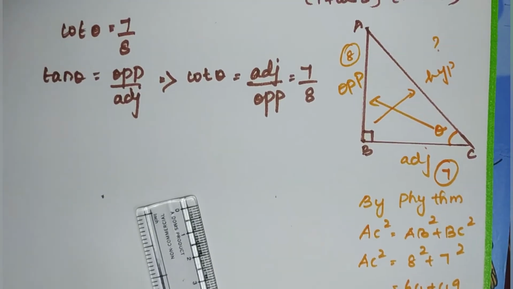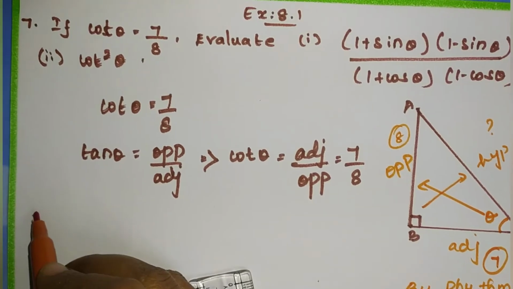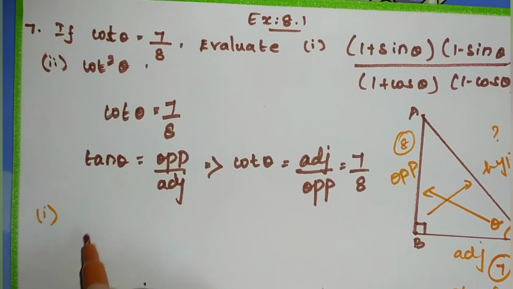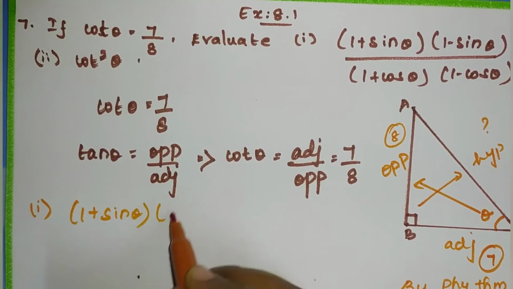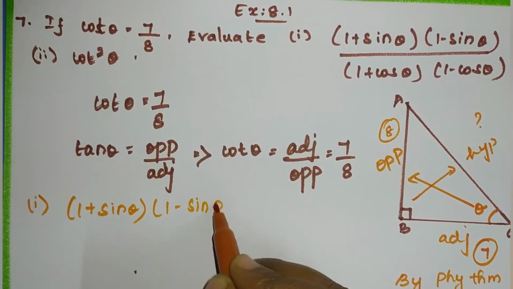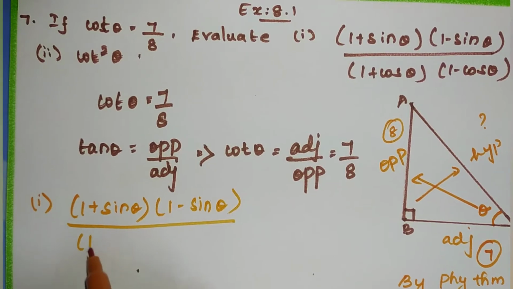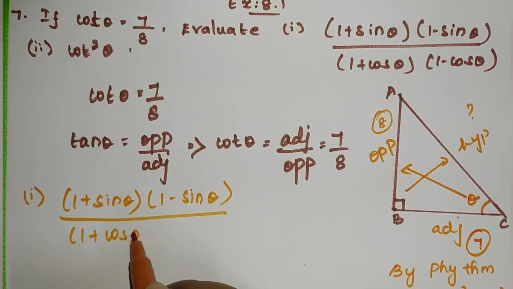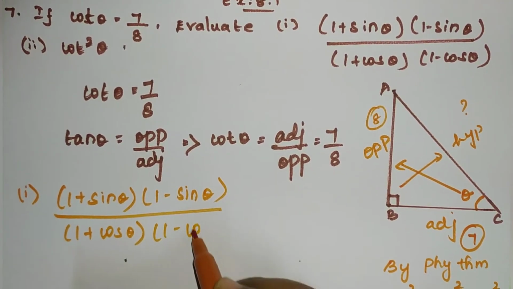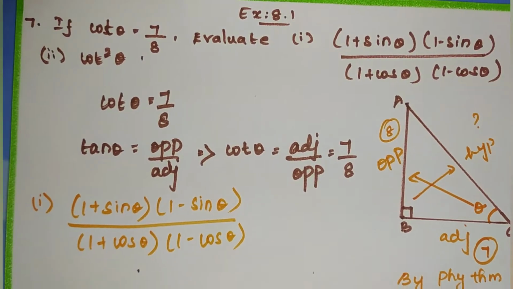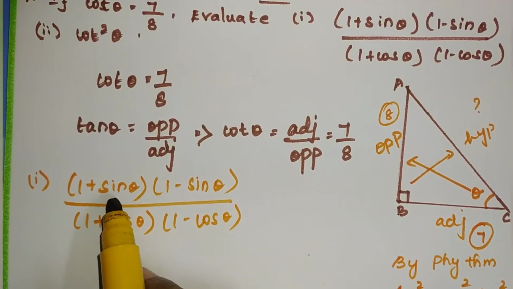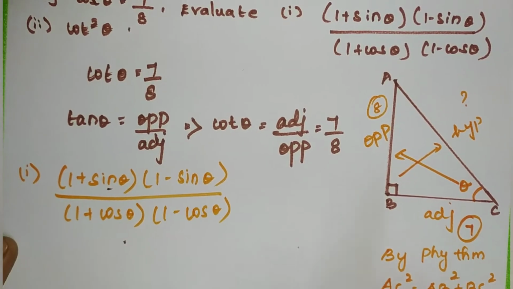Okay. Now see the first one, that you have to find the value for (1 plus sin theta)(1 minus sin theta) divided by (1 plus cos theta)(1 minus cos theta). So first we have to find the value for sin theta and cos theta.